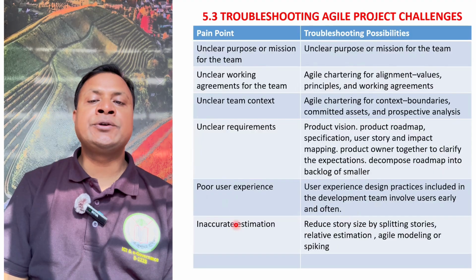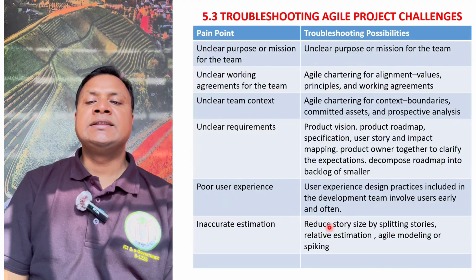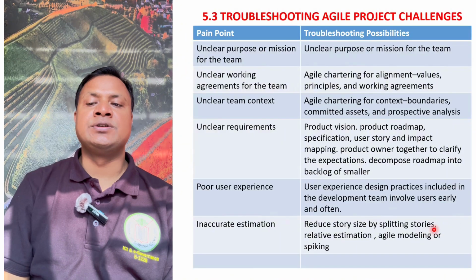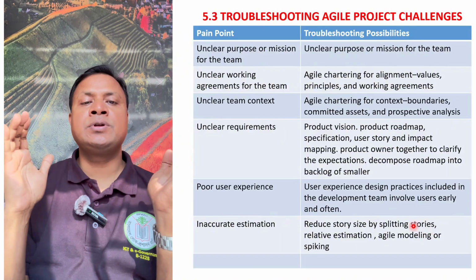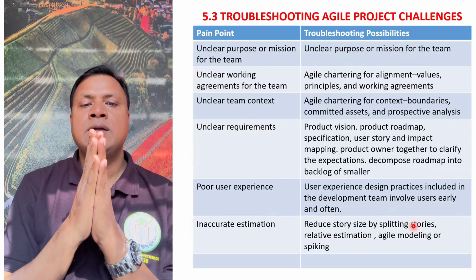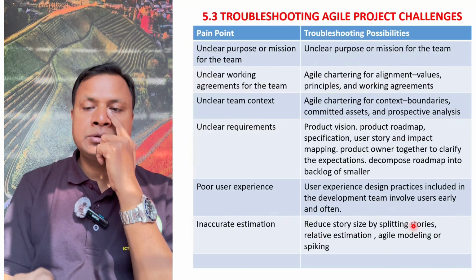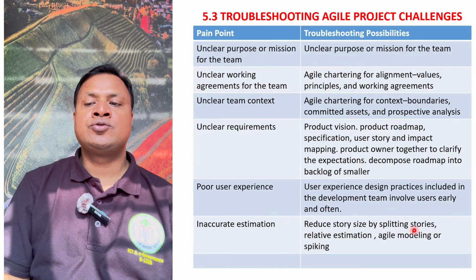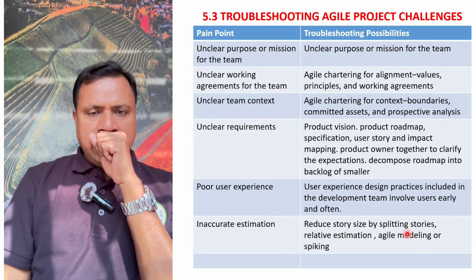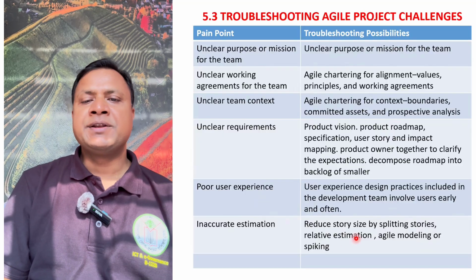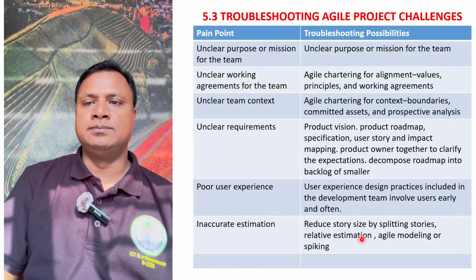If you have inaccurate estimation, then focus on reducing story size by splitting stories. You have a big story, reduce it to make it very strict, clear, to the point. So that will help you to understand the estimation. So agile modeling, sorry, relative estimation can help you.